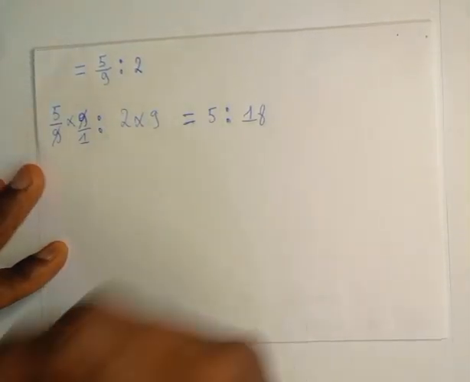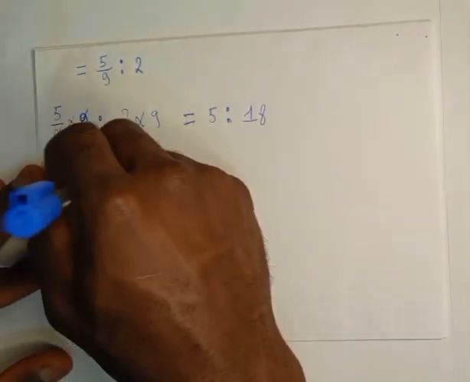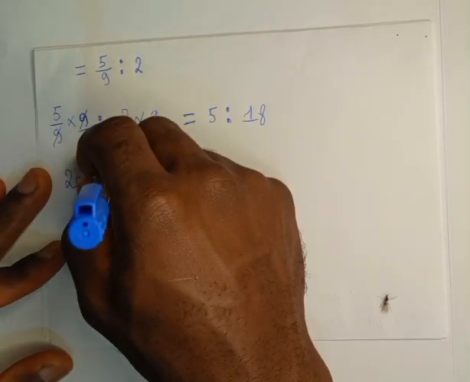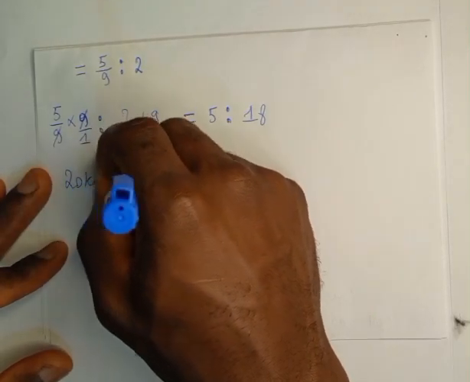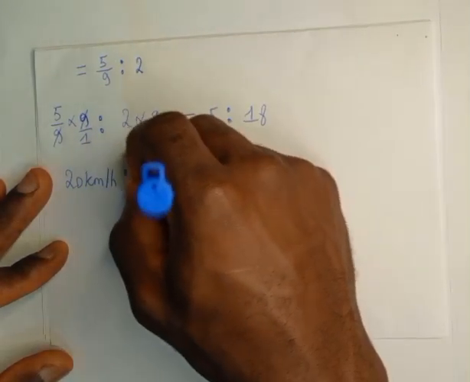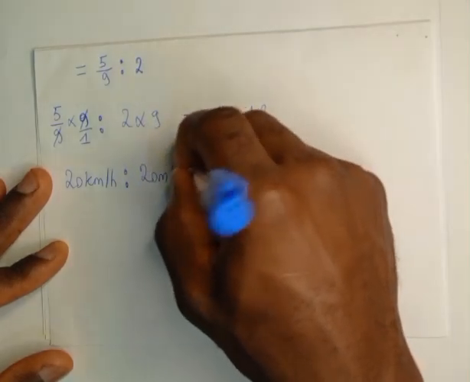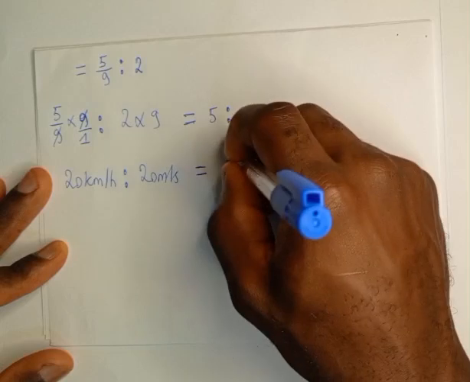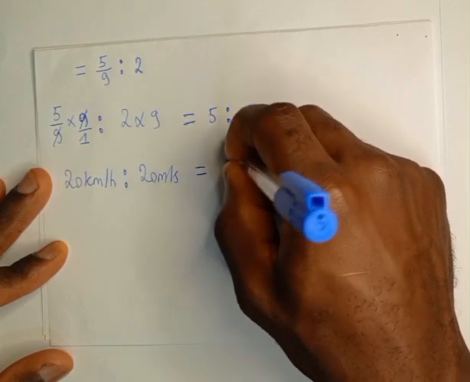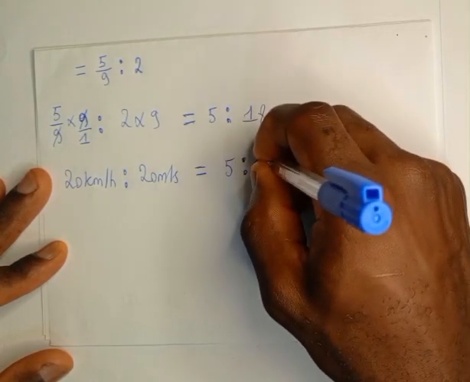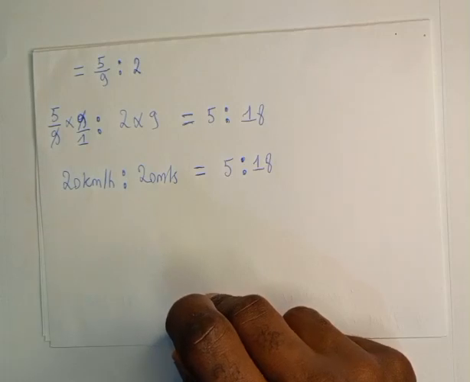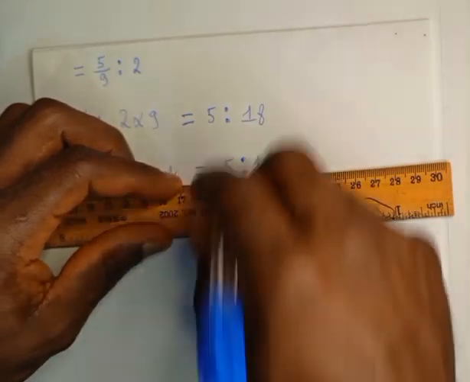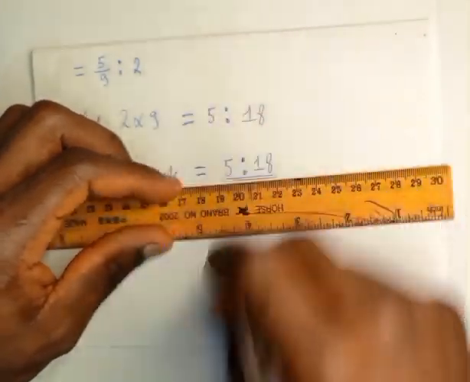We are going to conclude the ratio 20 kilometers per hour is to 20 meters per second in its simplest form is equal to 5 is to 18. We are done with the solution of C.